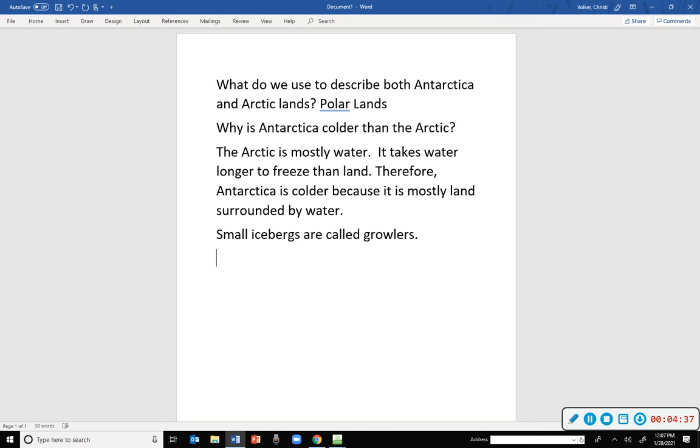Okay, what can a glossary help you do? Find the page? No. If you don't know what a word means, yes, because it gives you what?